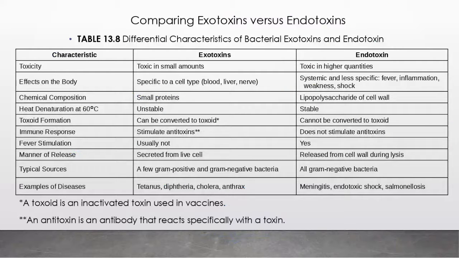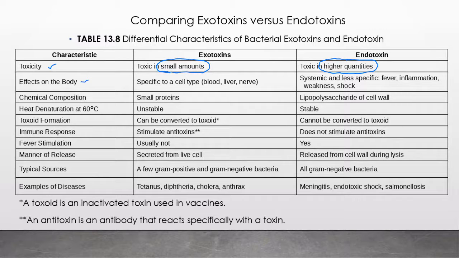Again, you can read the table of the differences between exotoxin and endotoxin. So toxicity: the exotoxin is actually very toxic in small amounts, while the endotoxin requires a higher dose or higher concentration.